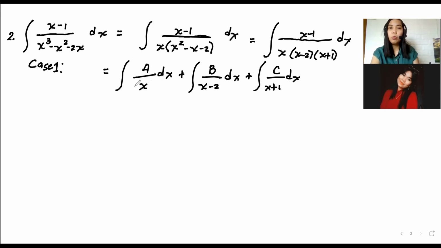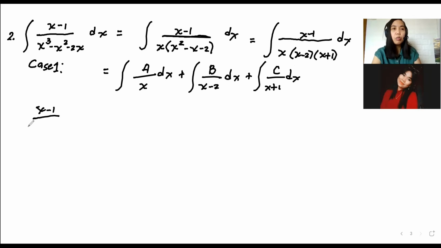So for this example, we now have 3 rational expressions because we have 3 factors in our denominator. So we need to find the values of A, B, and C using partial fractions. Tanggalin nyo muna yung integral sign.